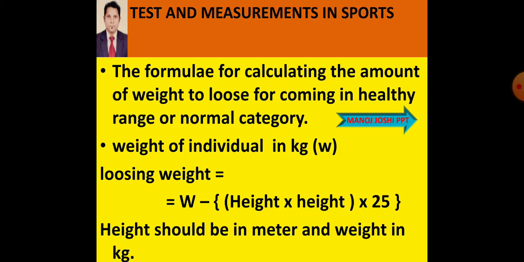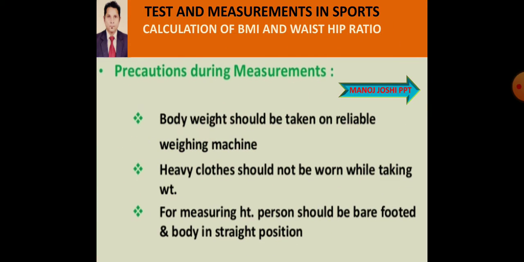So, the precautions during the measurement. What are the precautions during the measurement of body mass index, BMI? Body weight should be taken on a reliable weighing machine. Heavy clothes should not be worn while taking weight.